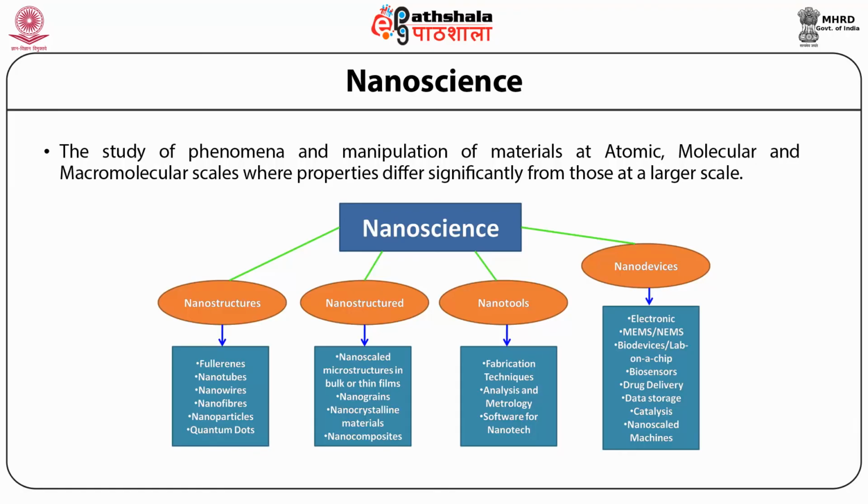Nanotools consist of fabrication techniques, analysis and metrology, software for nanotech. Lastly, we have the nano devices, that is, electronic devices, NEMS devices, bio devices, lab on a chip, biosensors, drug delivery, data storage, catalysis, nanoscaled machines.